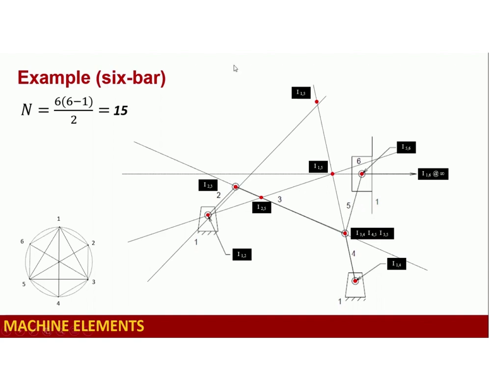Let's connect 3 to 6. Connecting 3 to 6, we have here the common line and the instantaneous center. We have 3, 6. And the triangles that we can find here are 5, 6, 3 and 6, 1, 3.